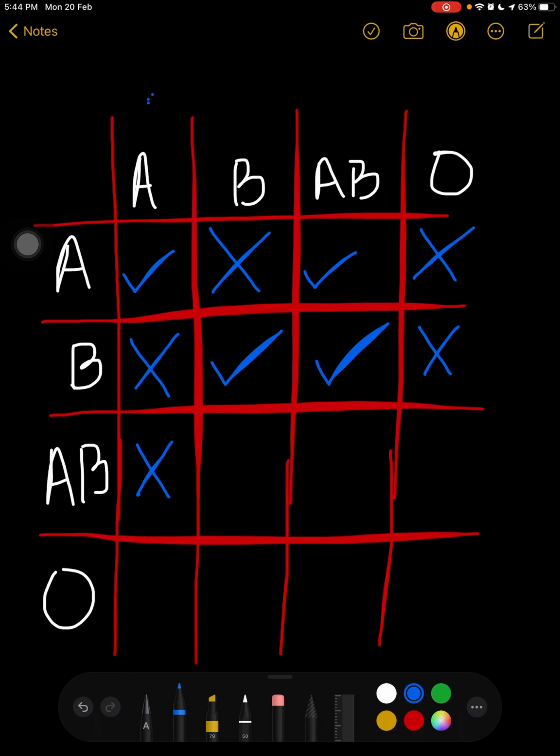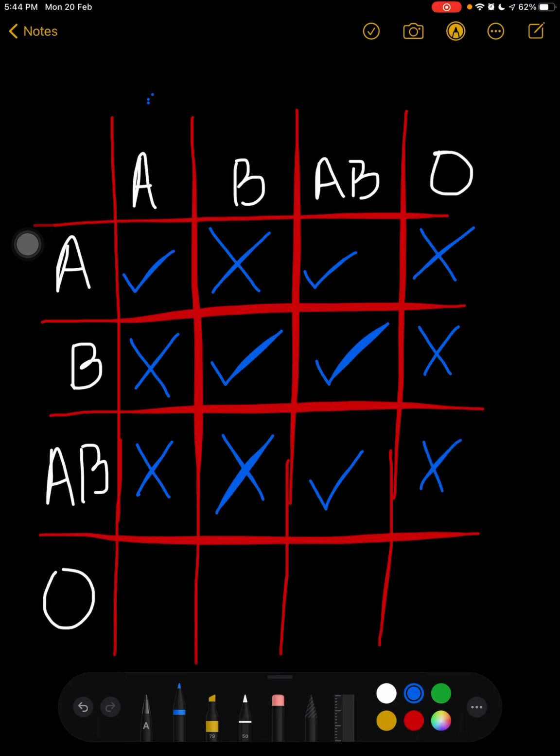AB can't be given to B too because B has antibody A. AB can be given to AB. Can AB be given to O? In O we have antibody A and B, and AB has antigens A and B, so it can't be given.